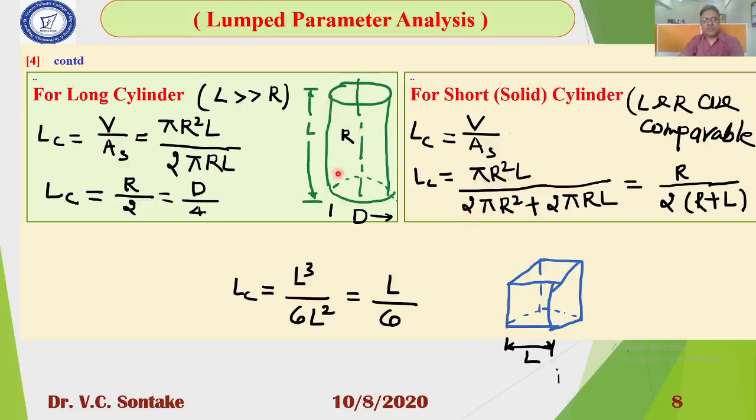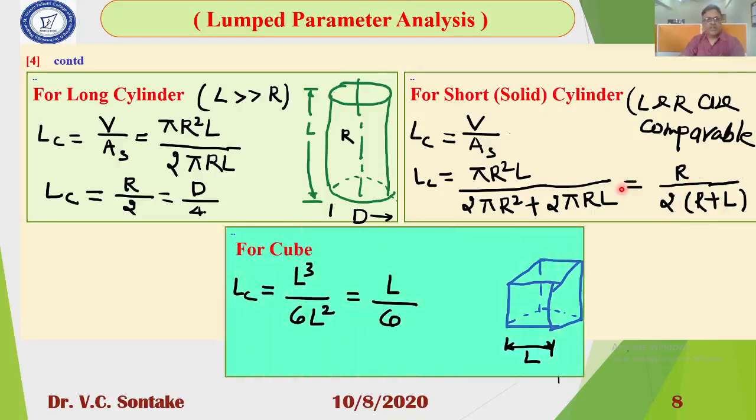That means this surface area plus the top and bottom surface areas of the circular section. So 2 into pi r square is the surface area of these, and 2 pi r L is the surface area of this body. So simplification will give the characteristic length for a short cylinder as r L over 2 into (r plus L).